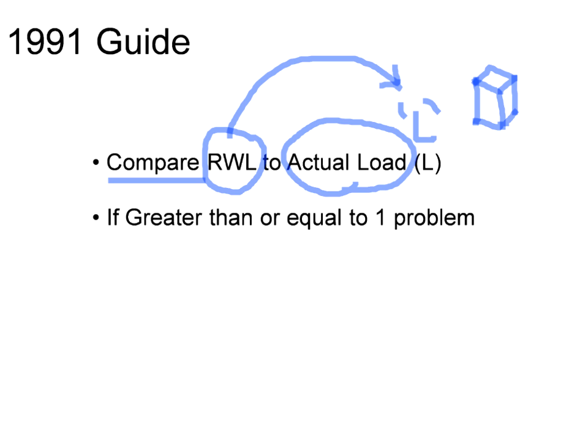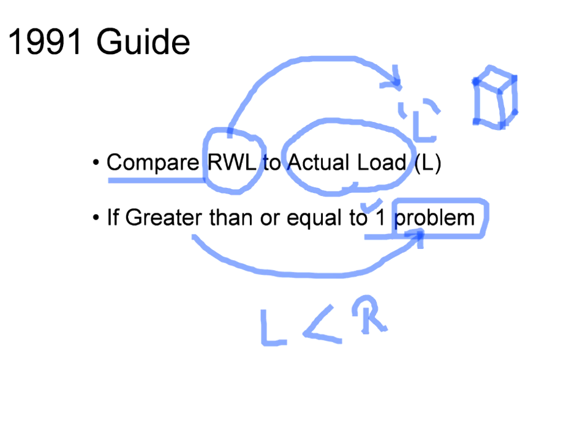Now how to find the guide? We have to compare, number 1, RWL, and number 2, actual load. Actual load is represented by the letter L. You compare RWL with actual load.